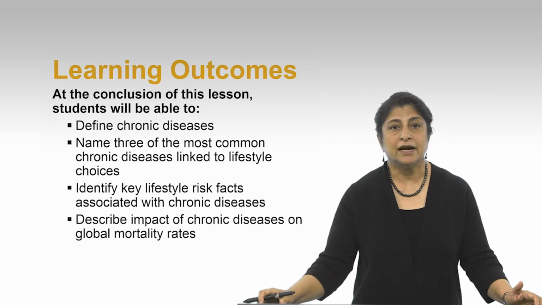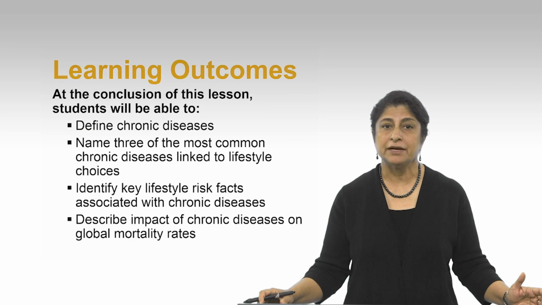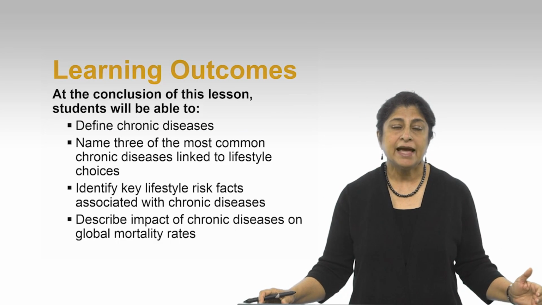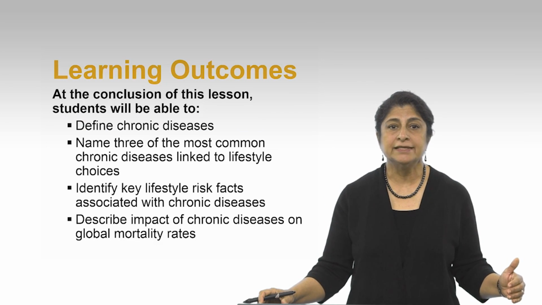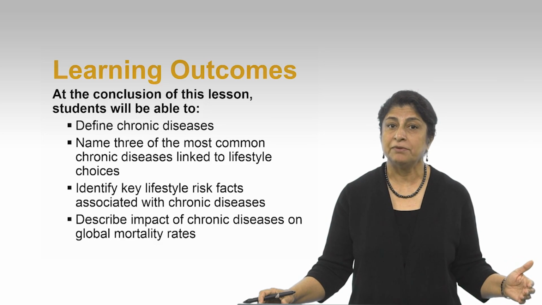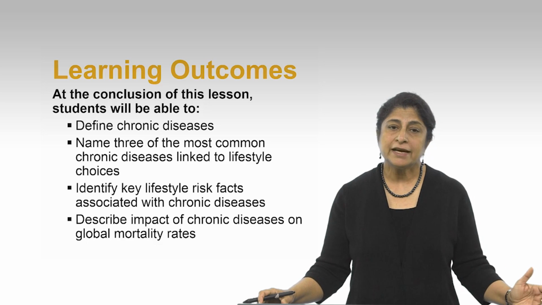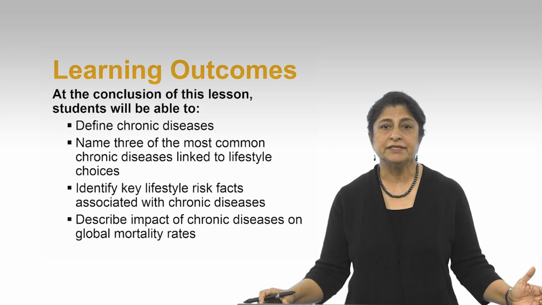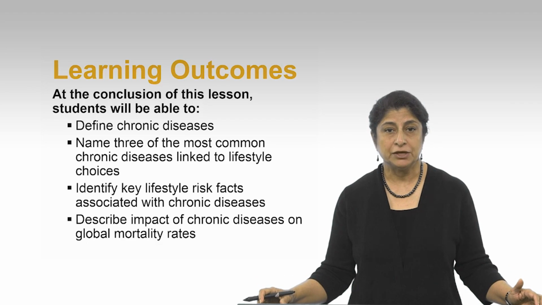So we'll start off by defining what we mean by chronic diseases and identify chronic diseases that are linked with lifestyle choices and therefore can be prevented. We'll also identify key lifestyle risk factors that are often associated with chronic diseases.